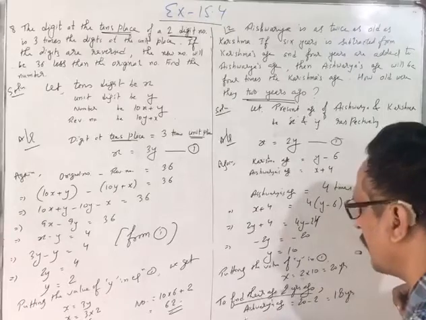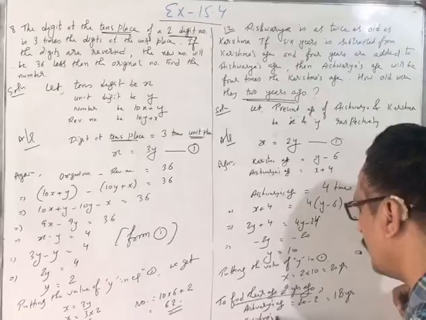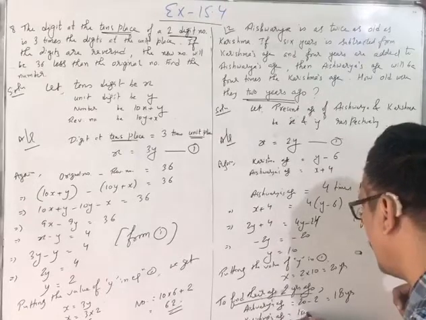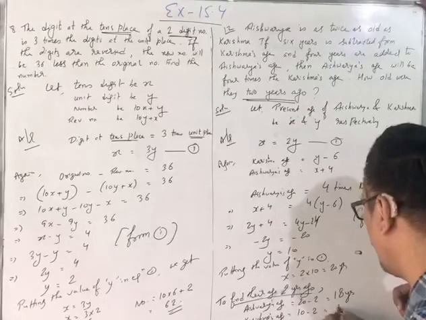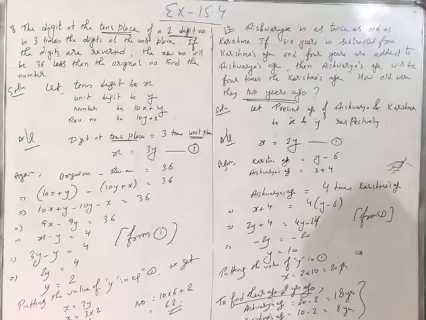And Karishma's age is 10 minus 2, equal to 8 years. So we get the value of x and y, I mean we find the ages of Aishwarya and Karishma 2 years ago.